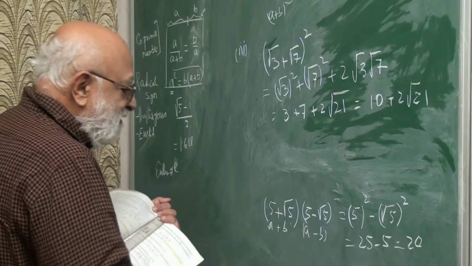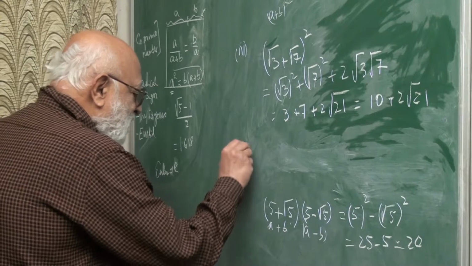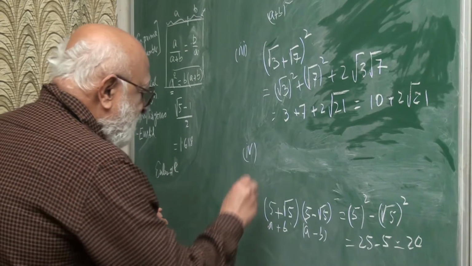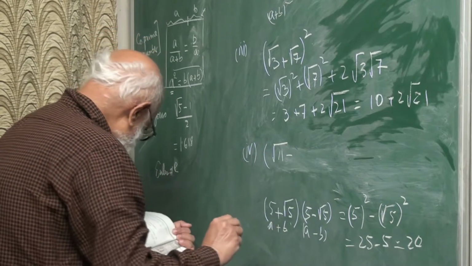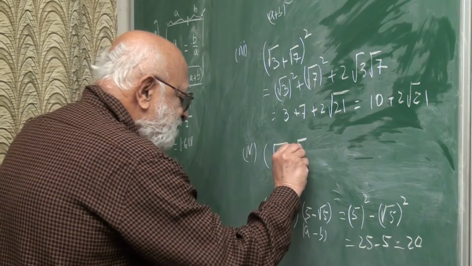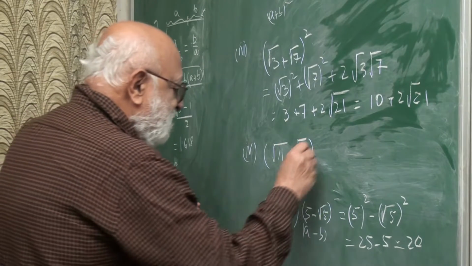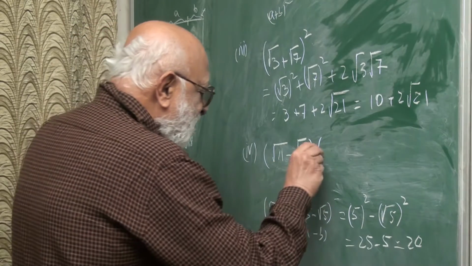The next one is this one that we have done earlier. That will be number 5, root of 11 minus root of 7. Here the sign has been flipped, that means the minus has come before.